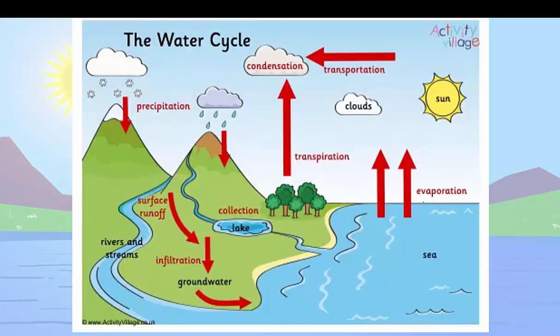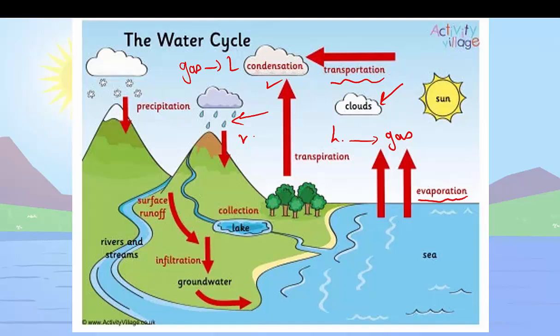So we can summarize lesson 1. Evaporation means transferring liquid water to water vapor as a gas. This water vapor in the form of clouds moves through transportation from one place to another, and then condensation takes place. Condensation means transferring gas into liquid, water vapor into water again. This water falls on Earth in the form of rain.